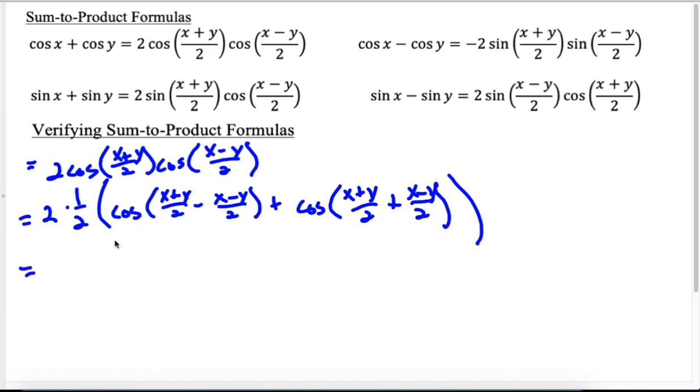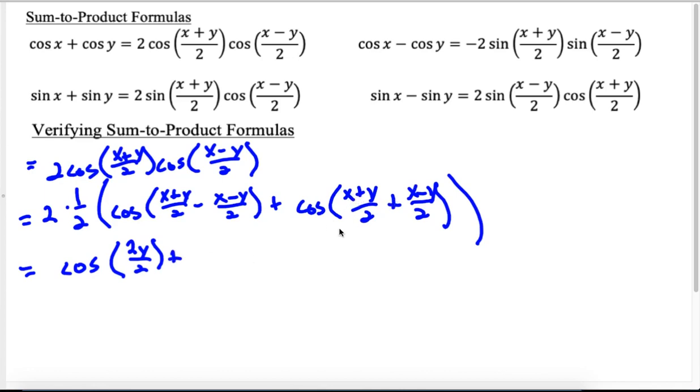Then on the inside here, if I think about combining my like terms on the inside of this cosine, we've got x minus x. Those are going to cancel. And then I've got y minus negative y. So that would be y plus y. So this would become 2y over 2. And then something similar here.